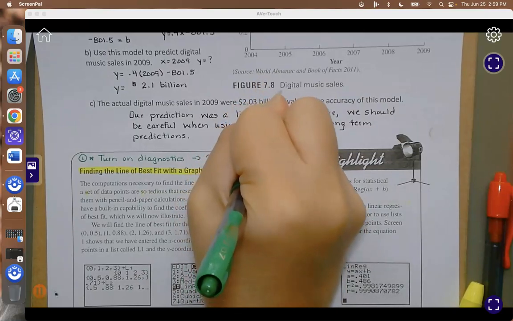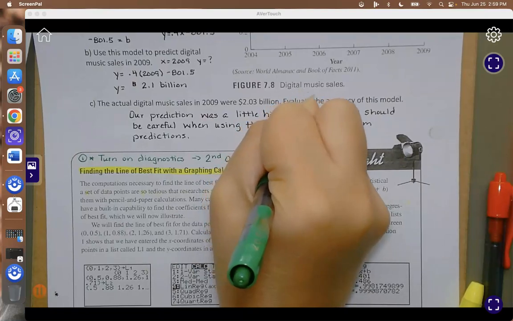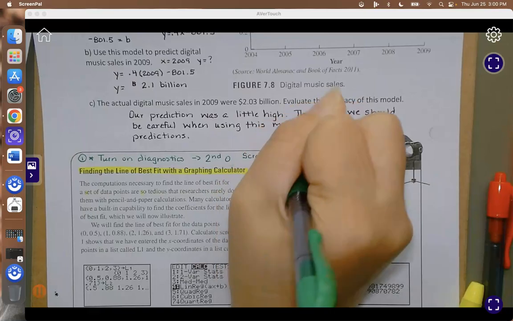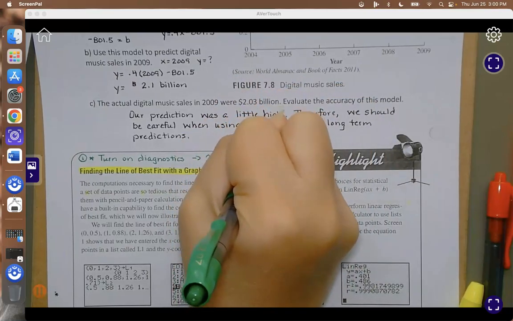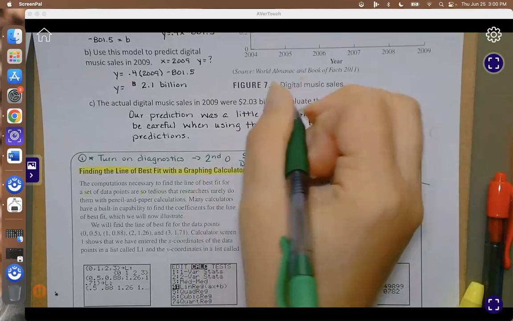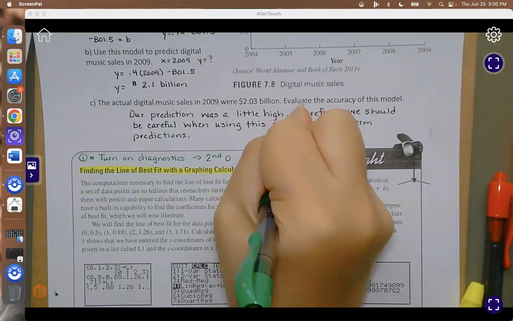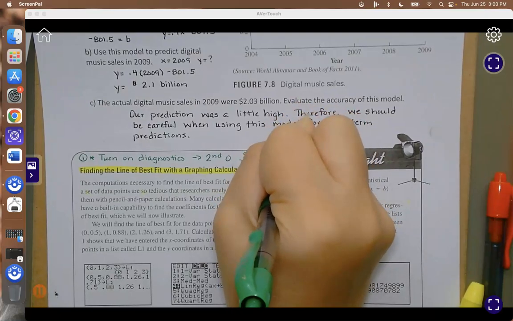Scroll down to, it's going to say on, and you're going to hit enter and enter.